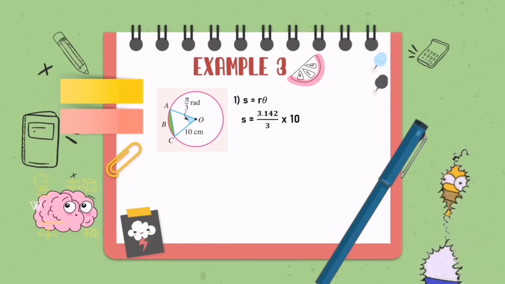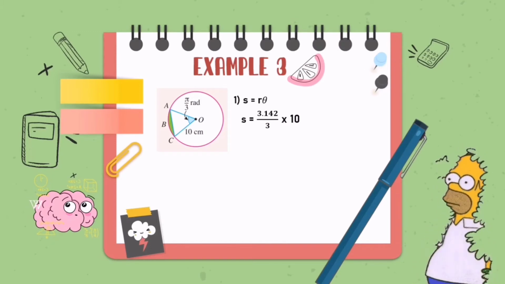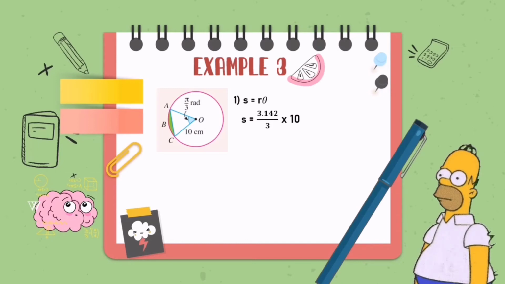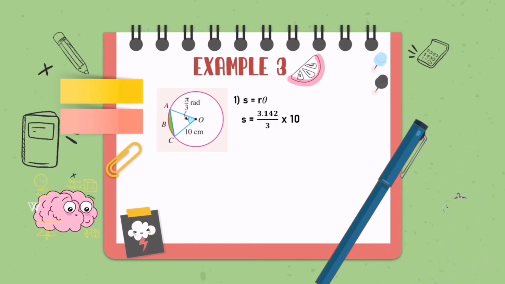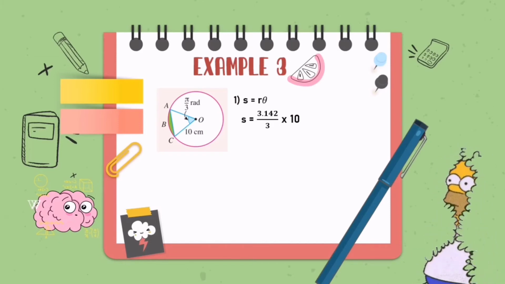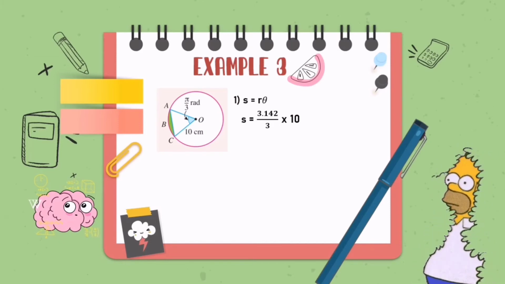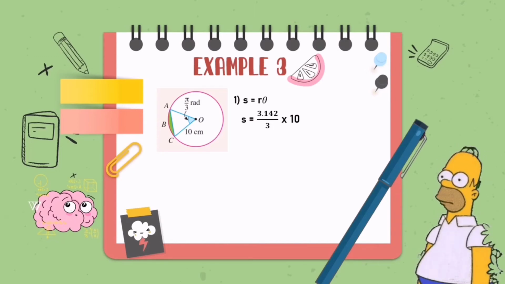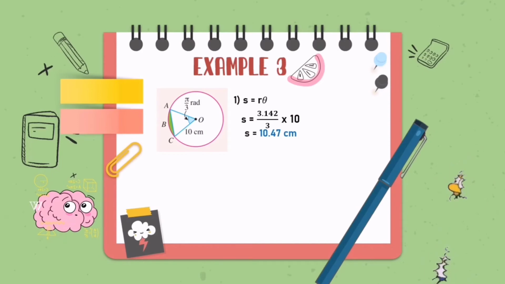Find the arc of ABC first by using S equals r theta, and then substitute the value of radius and theta. Here, the angle given is pi over 3 rad. In this question, we need to use pi equals 3.142. Just multiply it with 10, and we will get 10.47 cm.